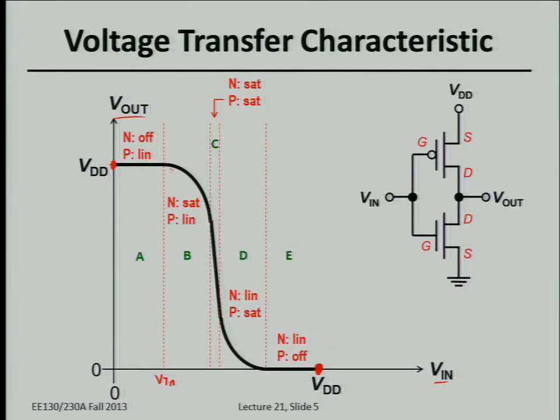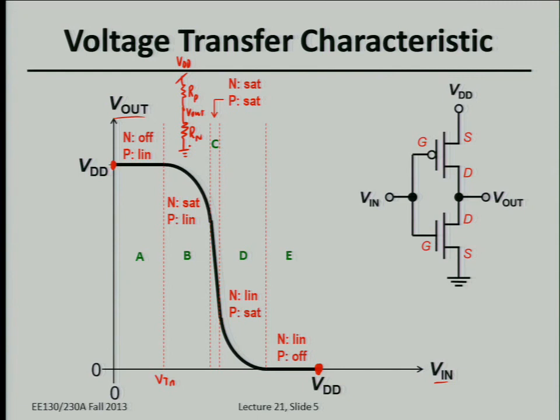So let me just draw it here. In this regime, we have the resistance of the PMOS device connected to VDD. Here's V out. And then we have some resistance of the NMOS device, because now it's on, connecting it to ground.